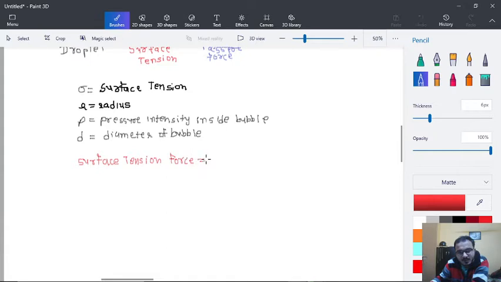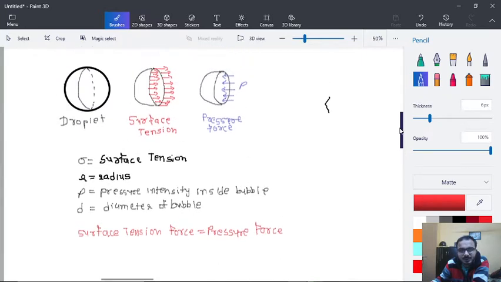If you recall, surface tension is the force per unit length.